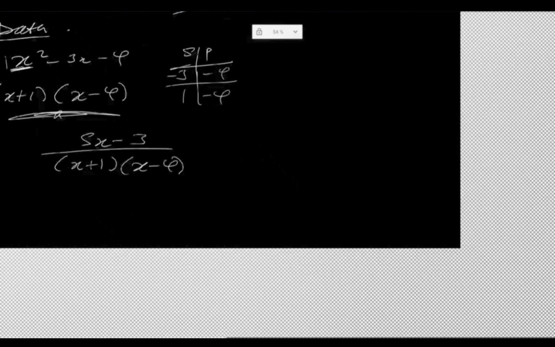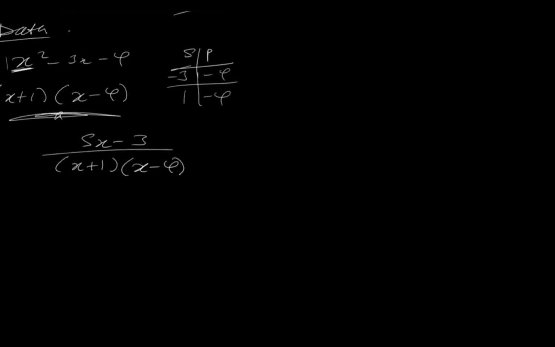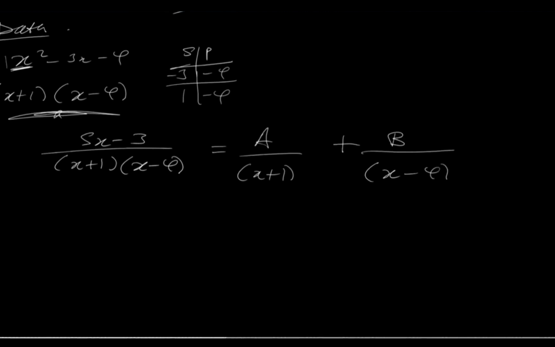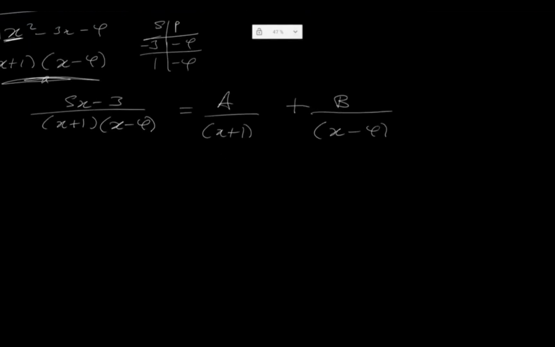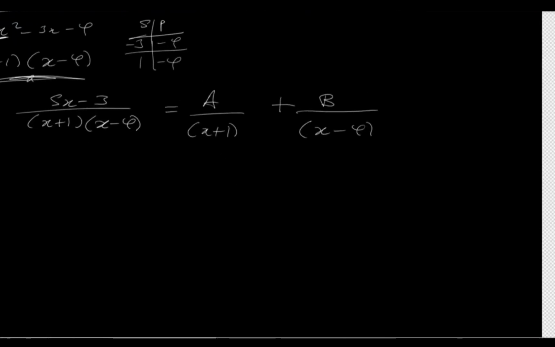Then from here, basic knowledge, you decompose. This will be equal to A over (x plus 1) plus B over (x minus 4), like that. Then what do you do next? Yes, correct. You multiply everything by the denominator that you have.